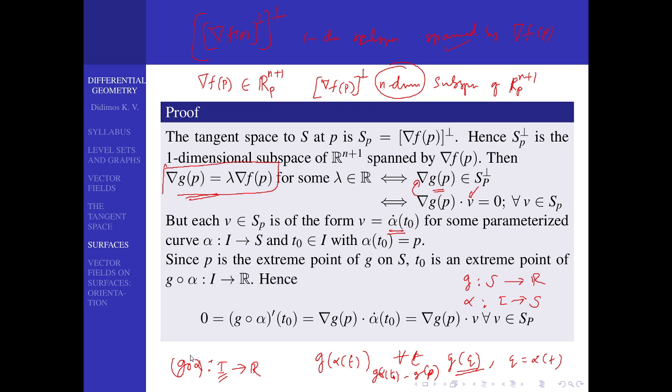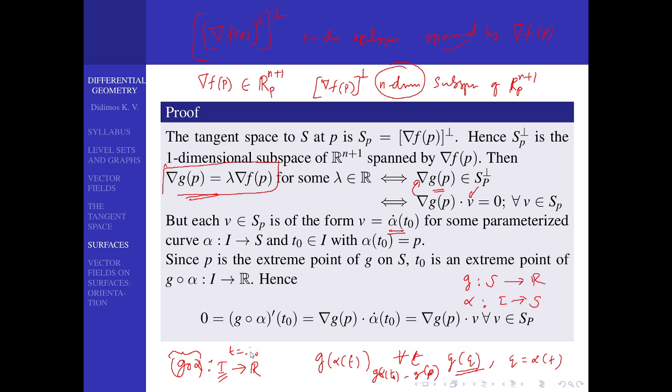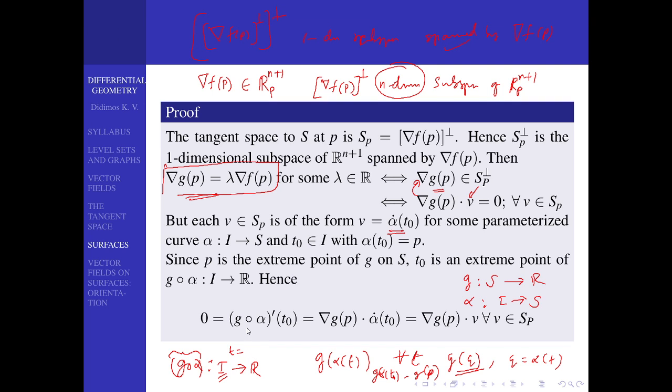So we can say that G composition alpha has the extreme value at the point t equal to t naught, because G of alpha of t naught or G of P has the maximum or extreme value.